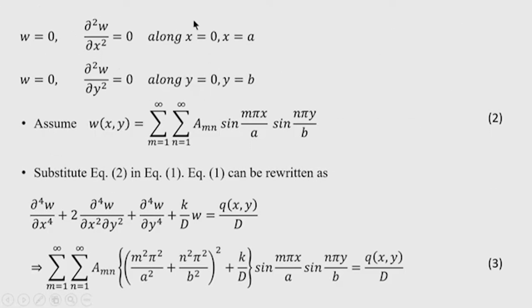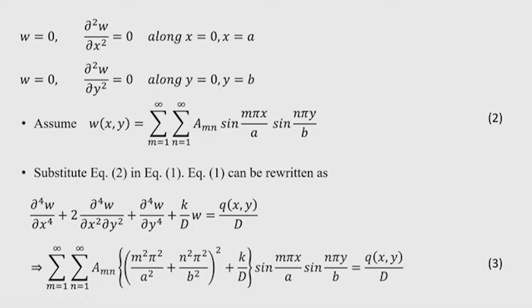So, we will see that the curvature along the x direction is 0 at x = 0 and x = a. Deflection is 0 of course, because it is supported, and again at y = 0 and y = b, deflection is 0 and curvature in the y direction is 0, because it is supported along the y direction.